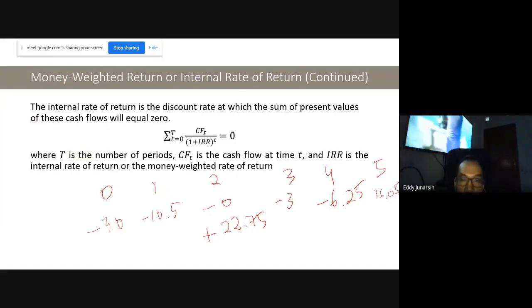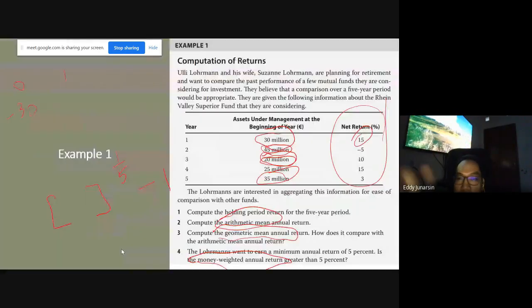Okay, so we put it into a calculator. Just follow the answer, right? But you know what I mean, right? We put into a calculator minus 30, minus 10.5, plus 22.75, minus 3, minus 6.25, and 36.05. So we find the IRR.